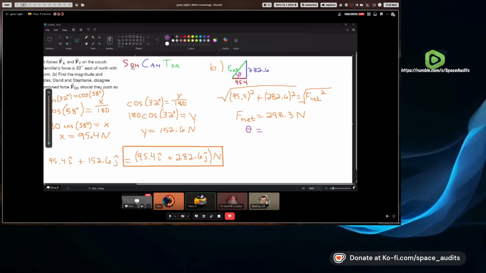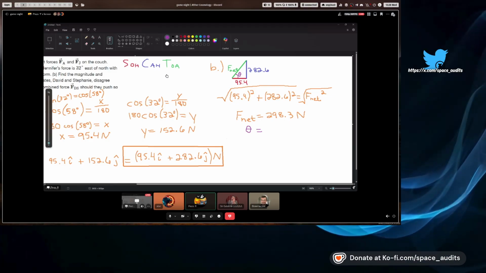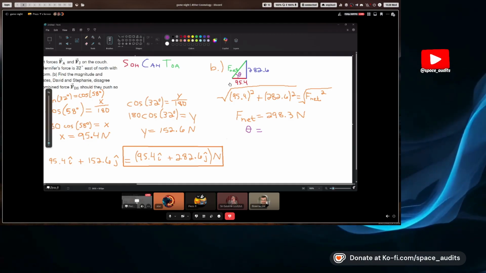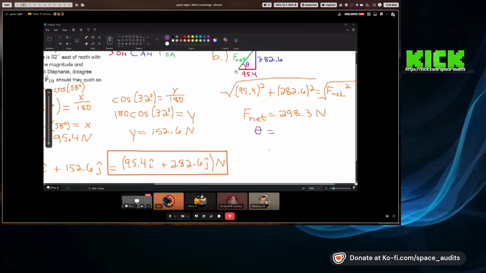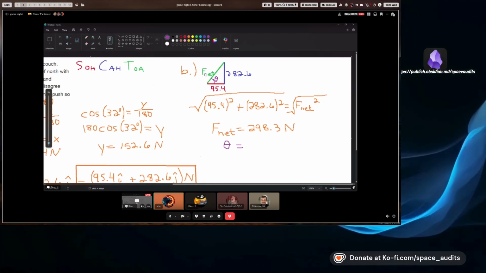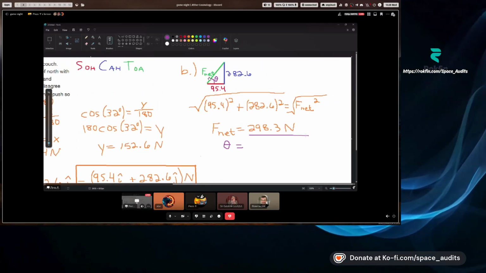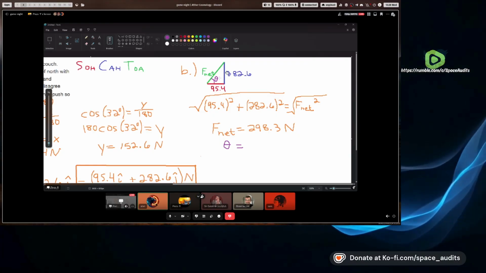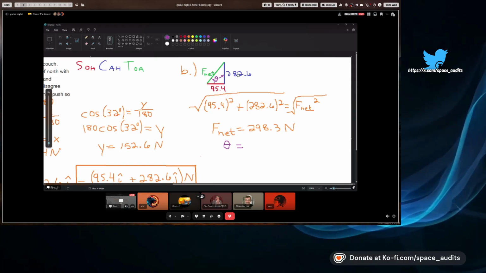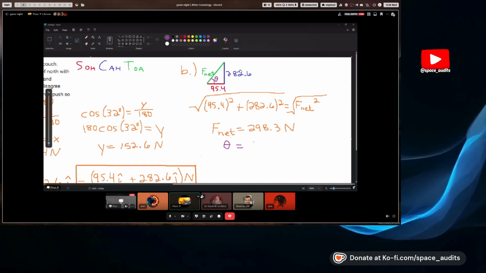My bad. So for this theta angle, which two numbers would we use? Hypotenuse is going to be our F net value, and our opposite is going to be our 282.6.